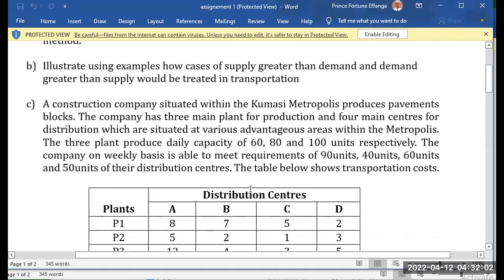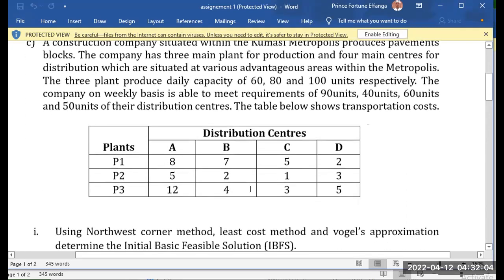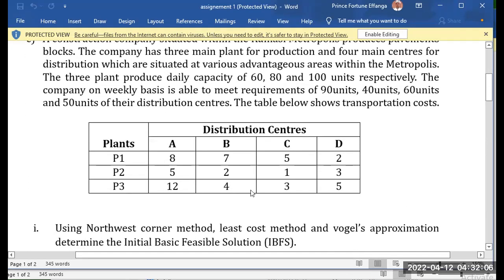Okay, I think we don't have a question. This is the first one and the second one as well.